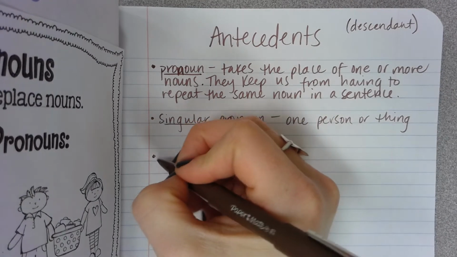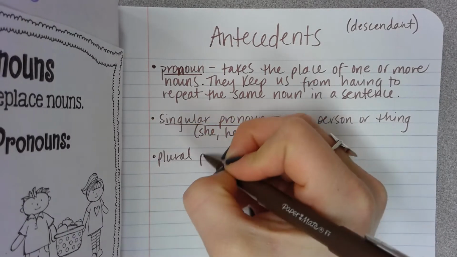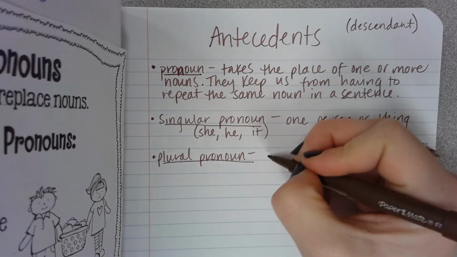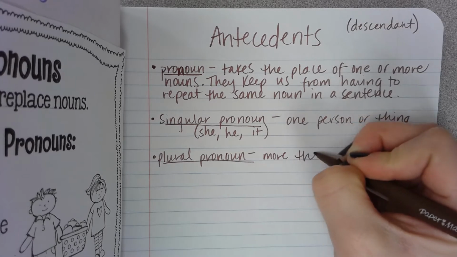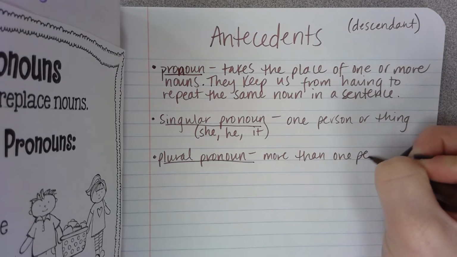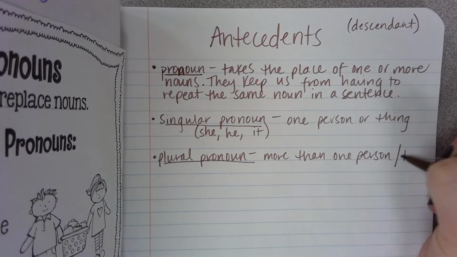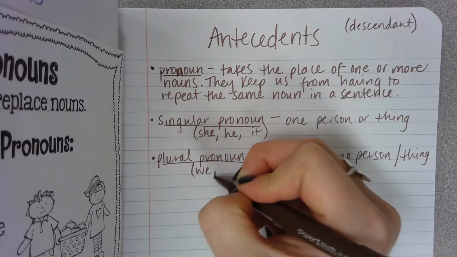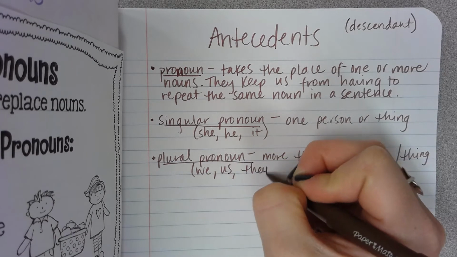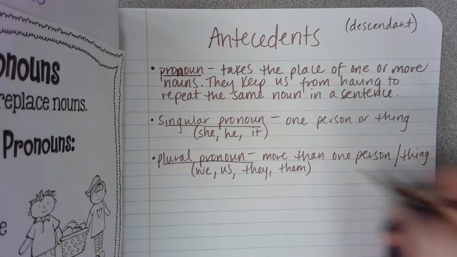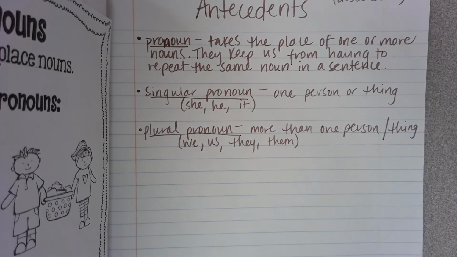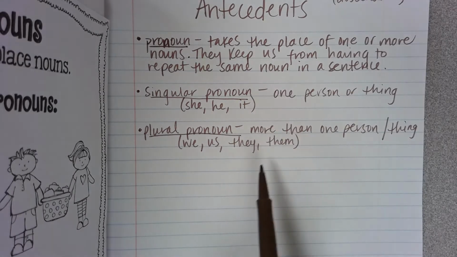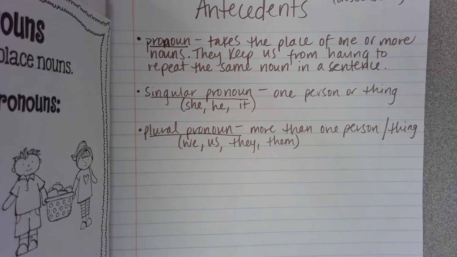Plural pronoun, more than one person or thing. I'm going to do a slash instead of the word or to save some room here. So we have we, us, they, them as examples of that. Okay, these are things we already know, but they do help us to figure out what the antecedent is based off of this prior knowledge here.